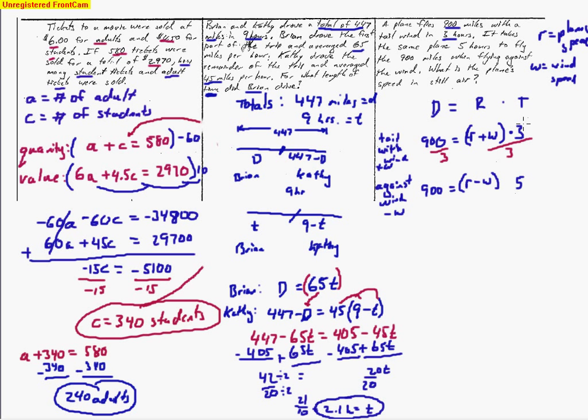So the 3's cancel, and 3 into 900 goes 300 times, and it equals R plus W. Over here I can do the same thing because 5 goes into 900. 5 goes into 90 45 times evenly, and then we have that 0 that I can bring down, so 450. The 5's cancel out, and I've got R minus W.